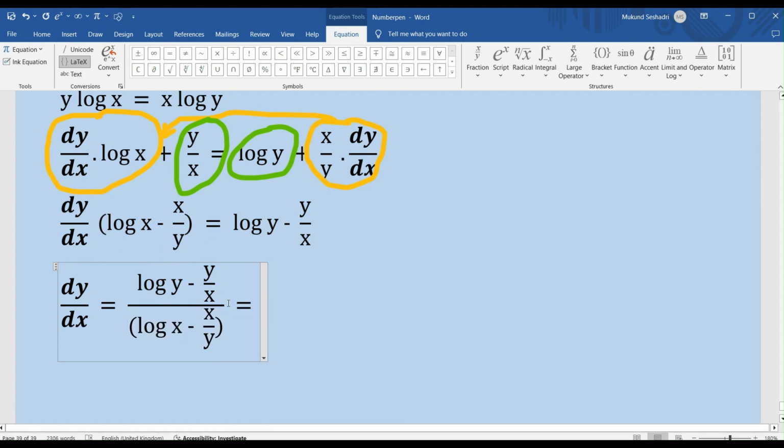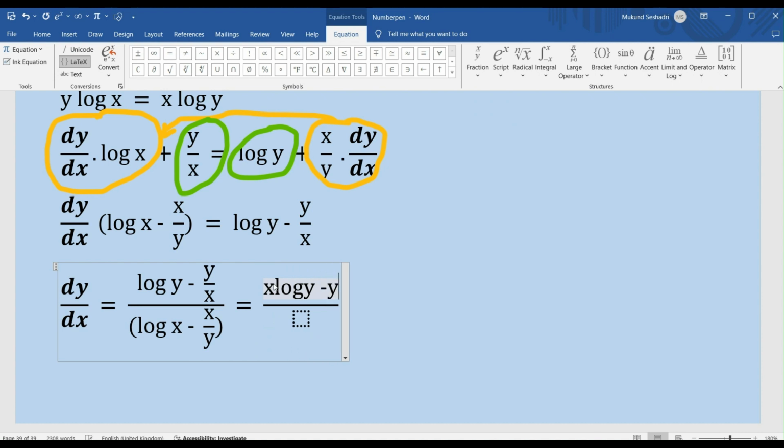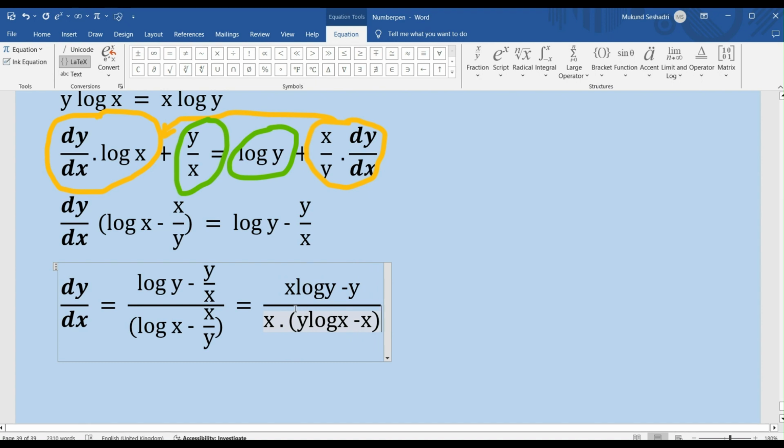And therefore, when I cross multiply, what do I get? X log y minus y divided by x into y log x minus x, and then I still have a y here, and I can move it to my numerator.